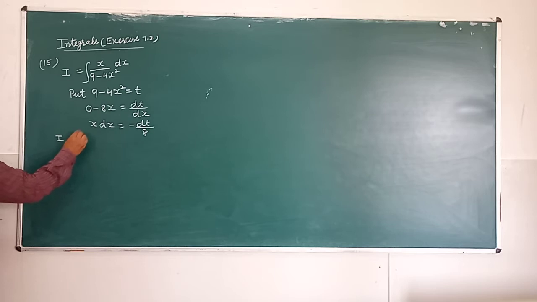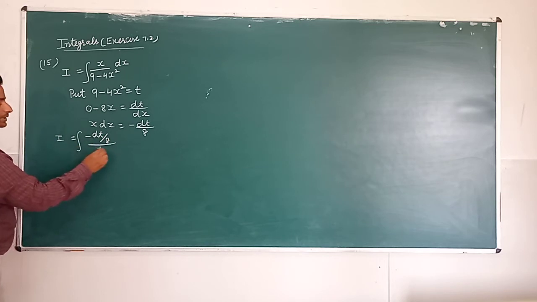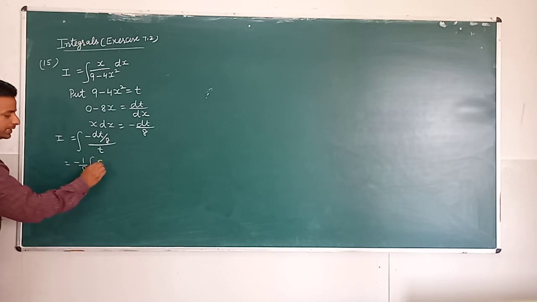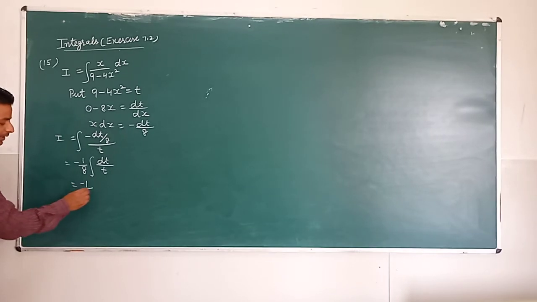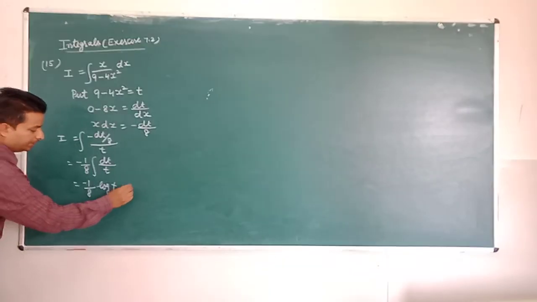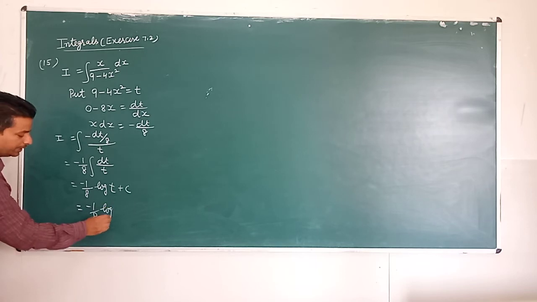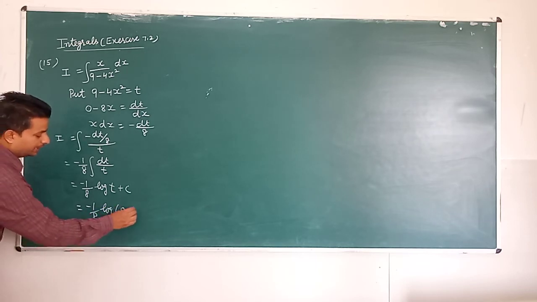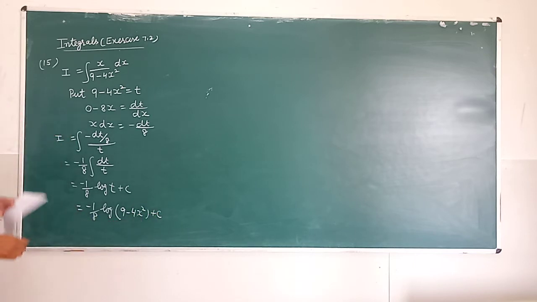When we put the value of x dx, which is dt upon 8, and this is t, take minus 1 upon 8 outside the integral, and we know integration of 1 upon t is log t. So this is equal to minus 1 upon 8 log of 9 minus 4x square plus c.